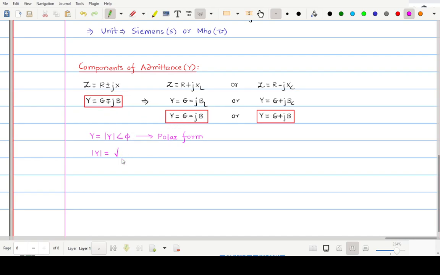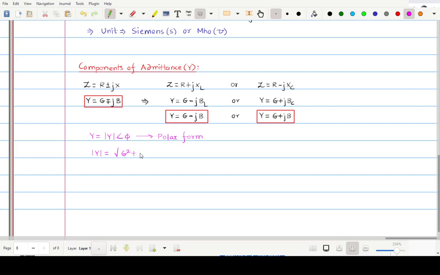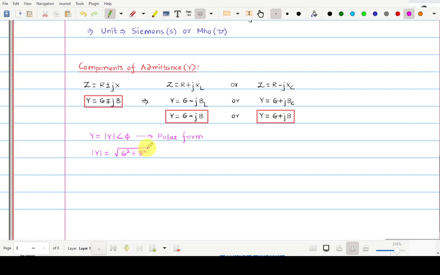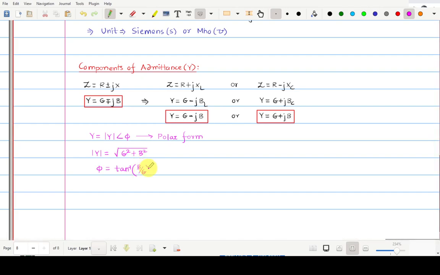What is the real part we have here? G. Okay, so G squared plus the imaginary part. What is the imaginary part? Susceptance is imaginary. Okay, so root of G squared plus B squared, this is nothing but your magnitude. Okay, and what is phase angle? It is tan inverse of the imaginary part. So what is the imaginary part? B upon the real part, so it is conductance.